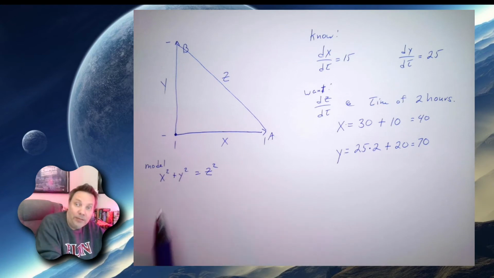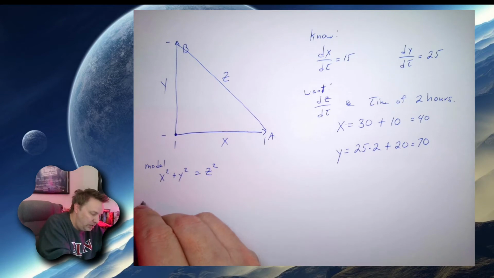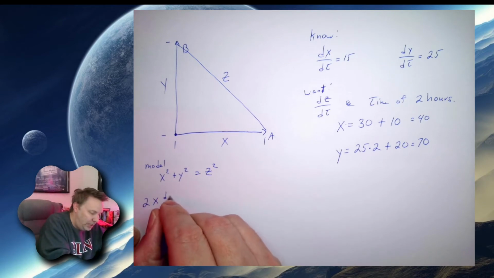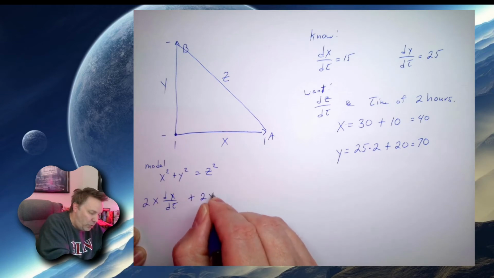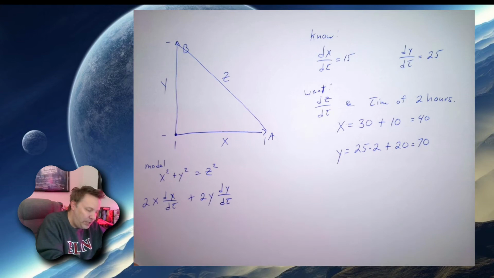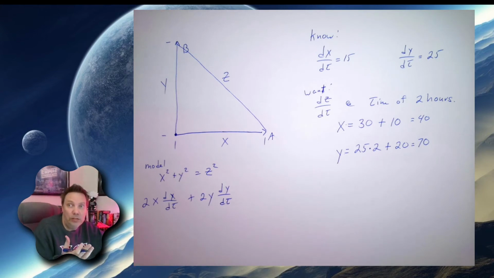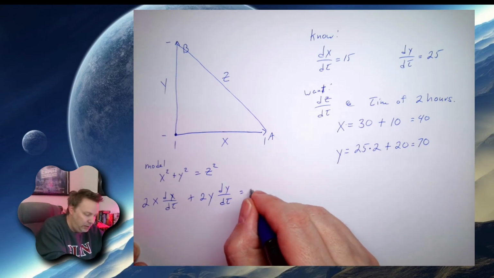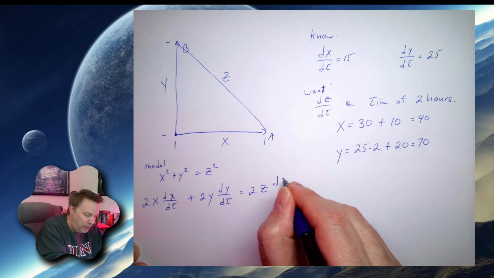Well, this is a prime candidate for that. So I'm going to take a derivative of this model. Using the chain rule, I get 2x dx/dt plus 2y dy/dt. That's using the chain rule twice, and the sum rule in there, is equal to 2z dz/dt.